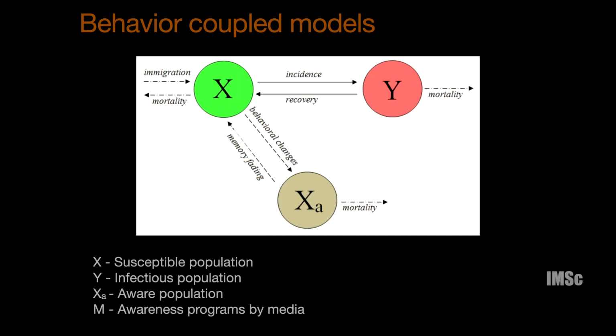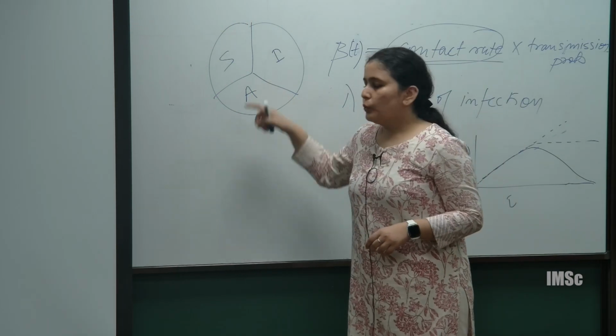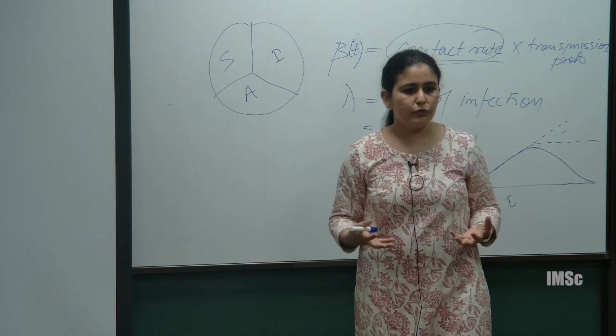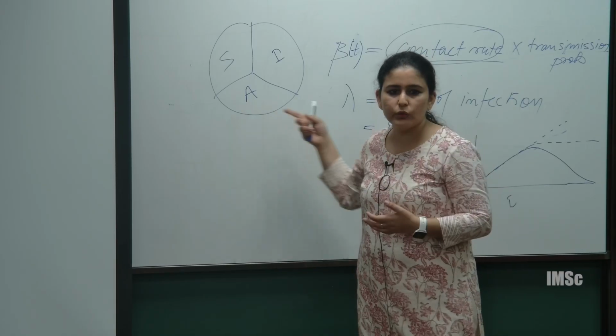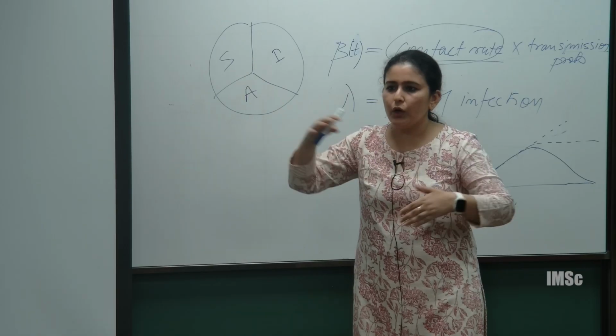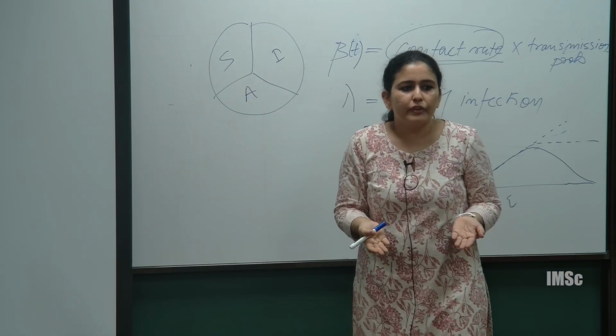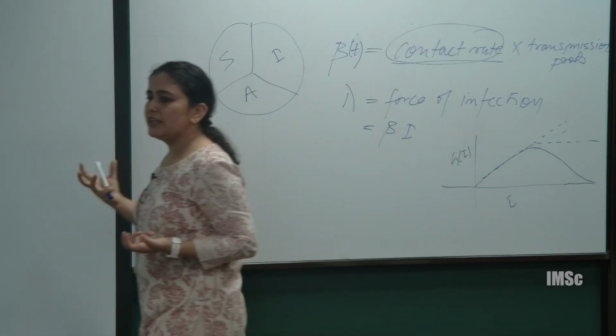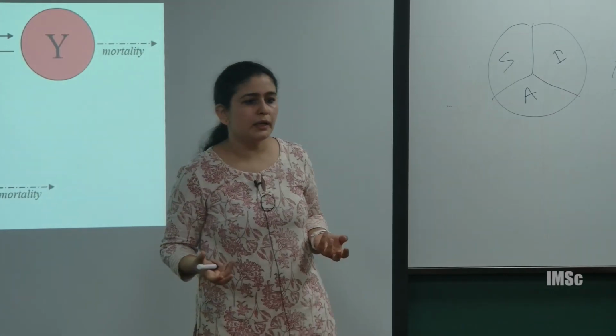But I'm going to go one step ahead and consider that for these individuals who are becoming aware, there is some source of information. They are getting information from somewhere, and that's how they are moving to this aware class. They come in contact with that information, that's how they become aware, because suddenly they cannot become aware, right? And that information itself I'm considering to be a dynamic variable.